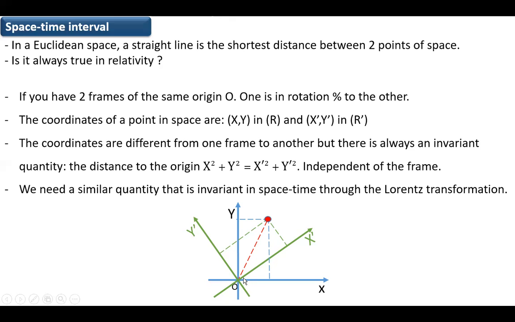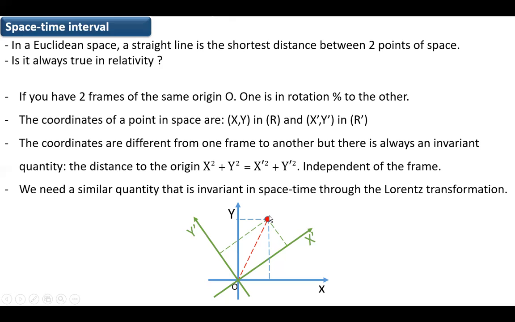So it is the diagonal of this blue rectangle or this green rectangle, or it is the hypotenuse of this blue triangle or this green triangle, which is equal to x squared plus y squared, which is the same if you take it as x prime squared plus y prime squared.